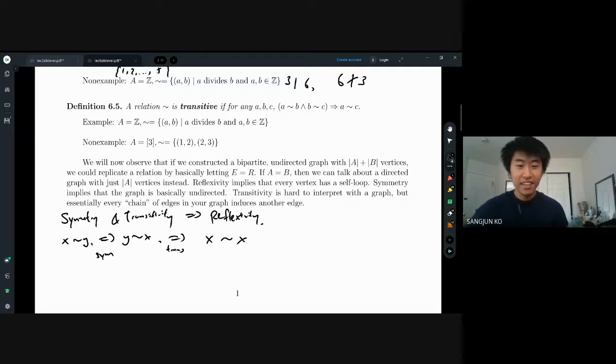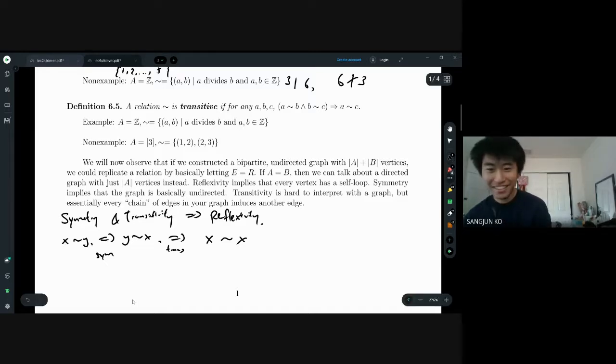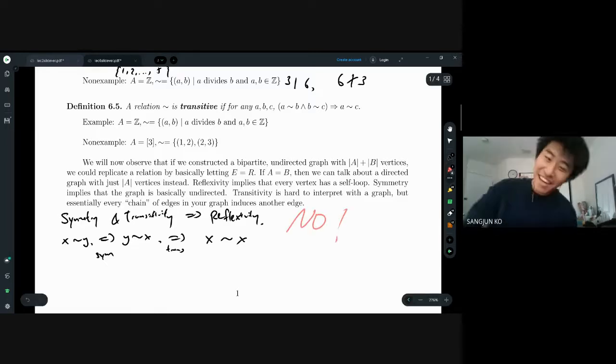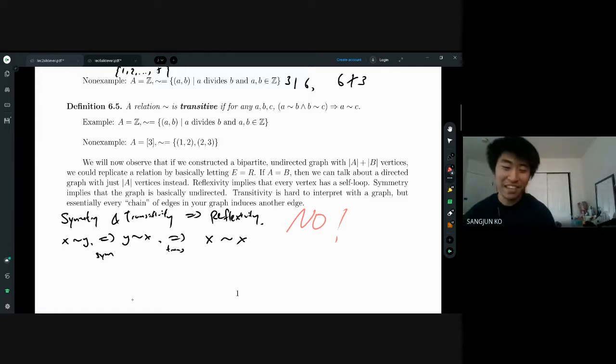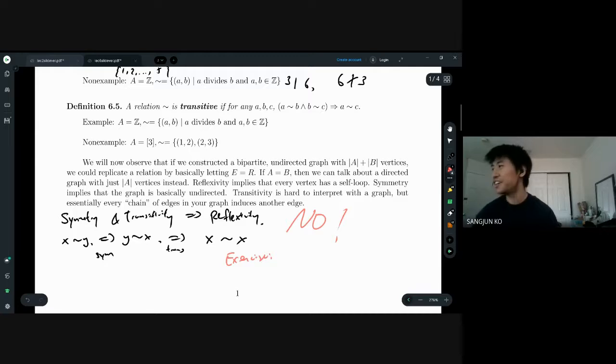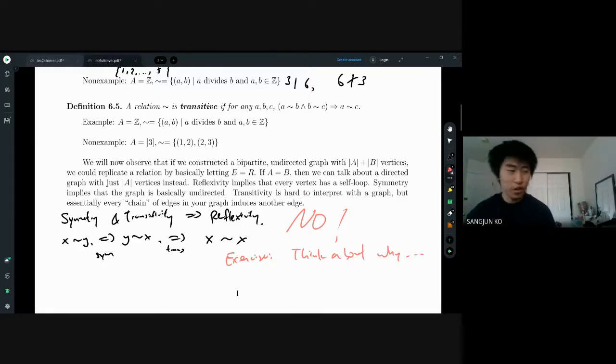All right, that's wonderful, because this proof is wrong. No, it's not true. And maybe as an exercise, you'll see a related exercise. One of your homework exercises will basically have you think about why this is not true.